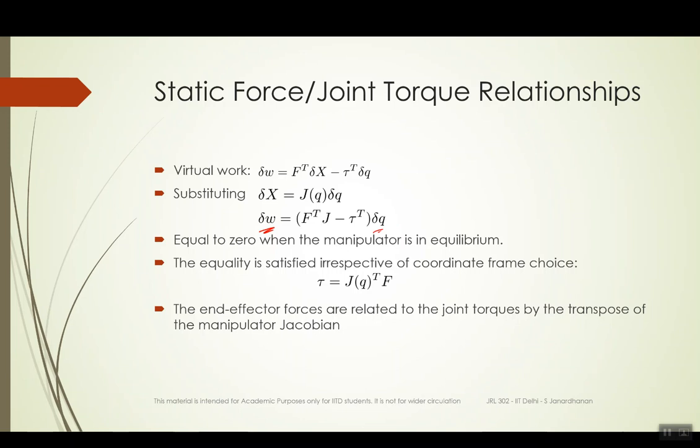However, the coordinate frame chosen to define q is immaterial, because this should be the same irrespective of what I choose as the coordinates of q. So this equality should be satisfied always, and J transpose of q, F should be equal to tau.